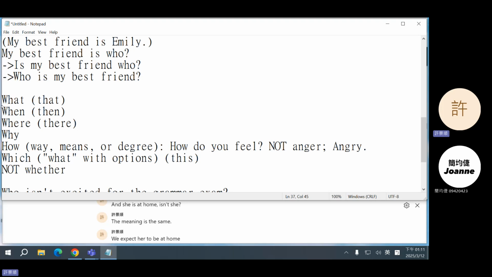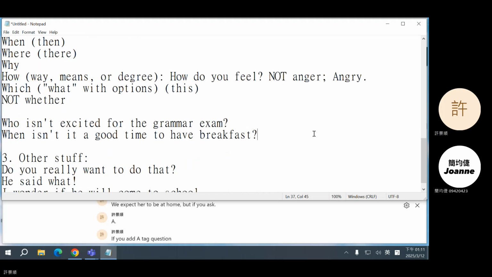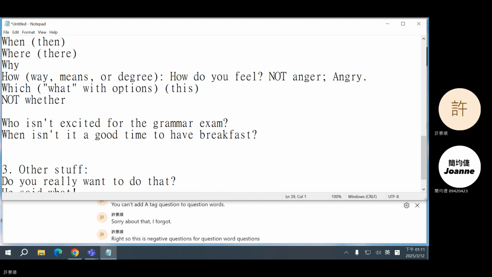But if you add a tag question, sorry, you can't add a tag question to question words. Sorry about that. I forgot. Right. So this is negative questions for question word questions.